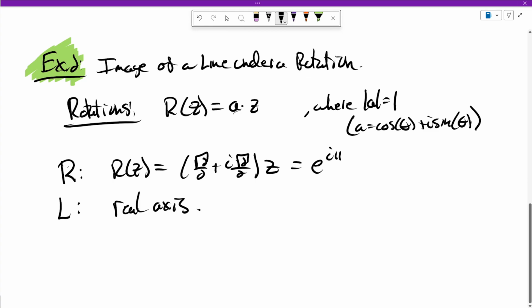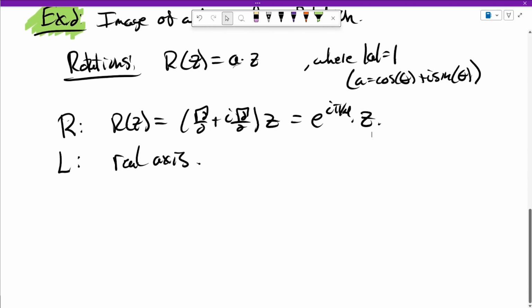So this is just e to the i pi over 4 times z. That's all that is. And we could sit here and parameterize the real axis and then figure out what happens, and that's perfectly okay. We're just going to rely on geometry for this problem.